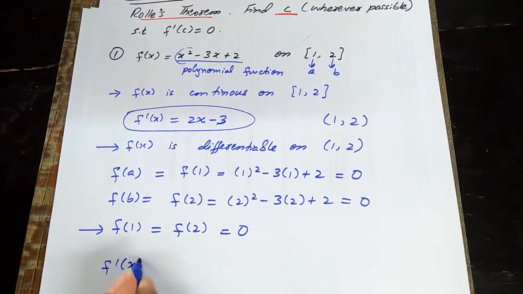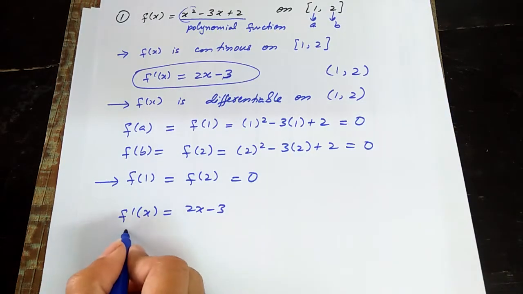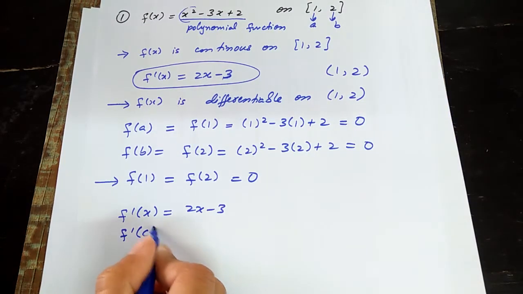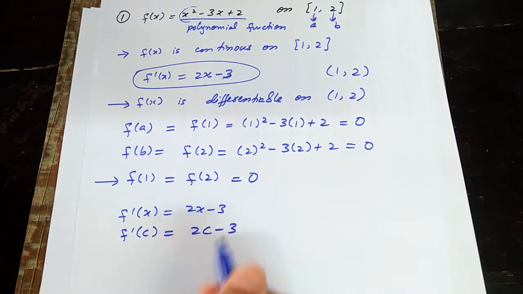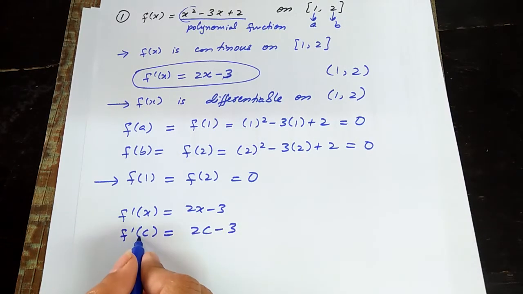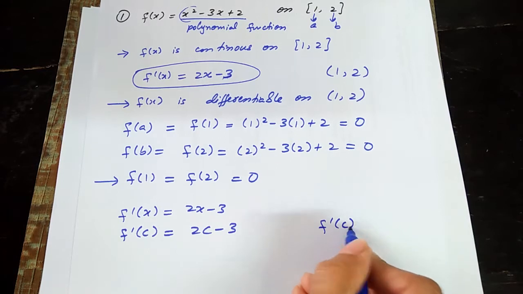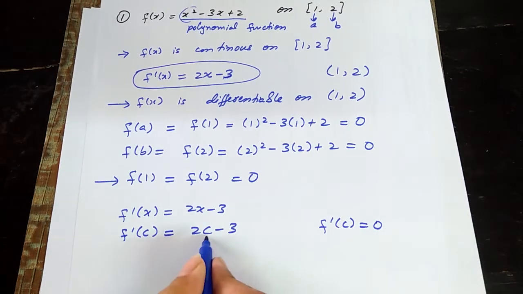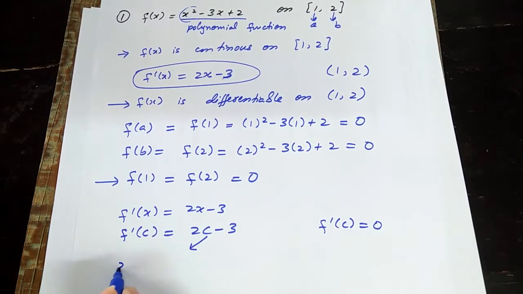Consider this f dash of x, that is 2x minus 3. Put c in place of x and we get 2c minus 3. Then make it equal to 0, that is f dash of c equals 0. So 2c minus 3 equals 0.